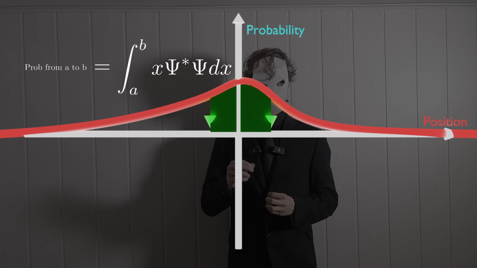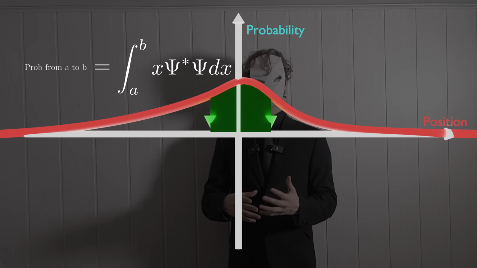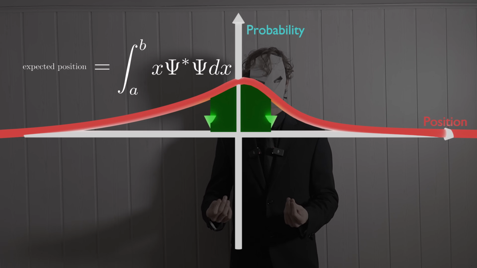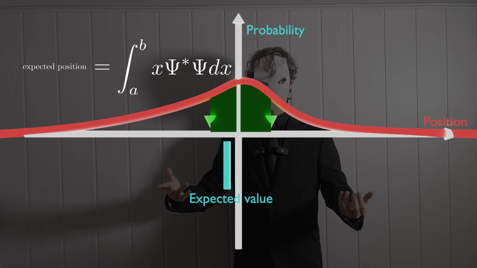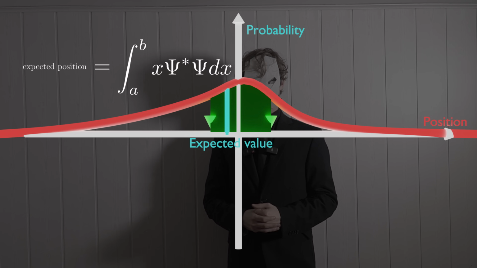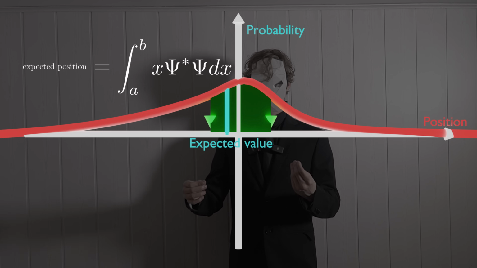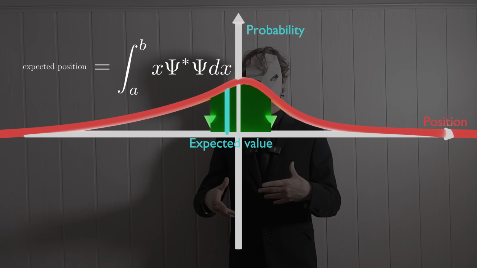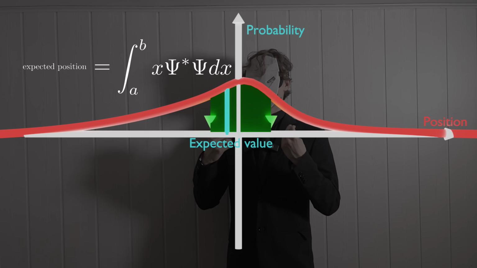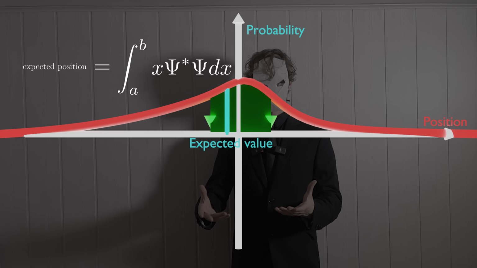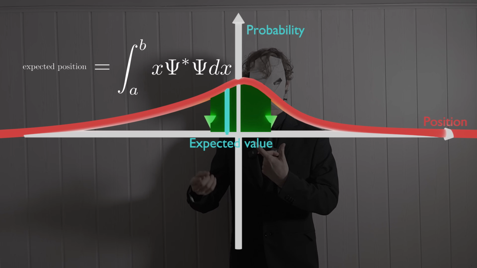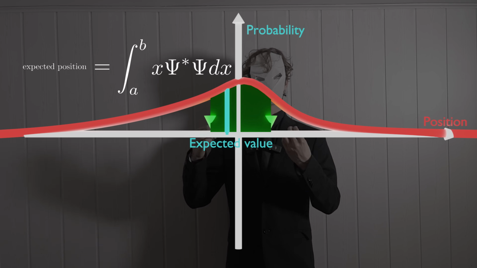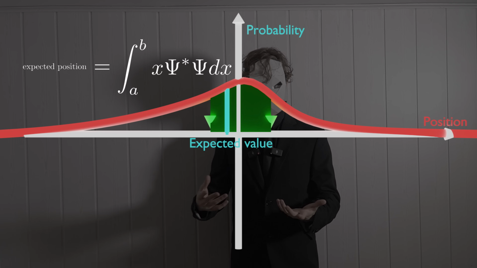If we add x into that spot, then what we get is the expected value. So if you actually input the x in there, what you get in return is the expected position of the particle. If you were to sample this function over and over and over again, this would be the position that you would expect the particle to be.